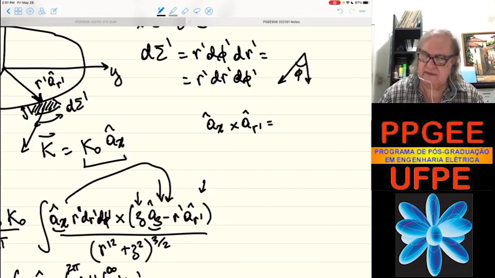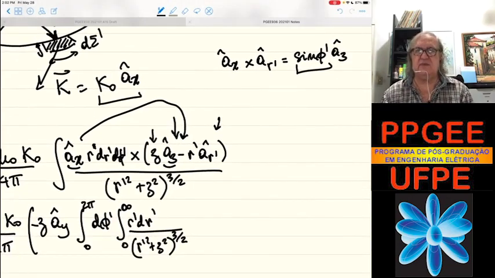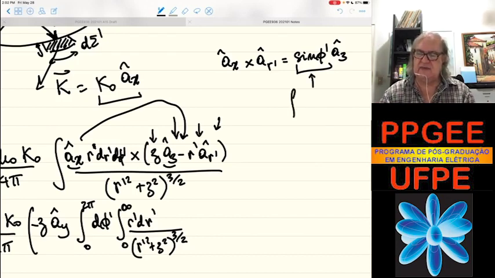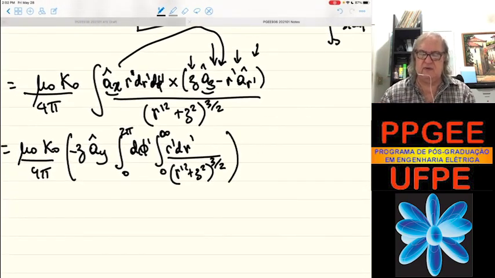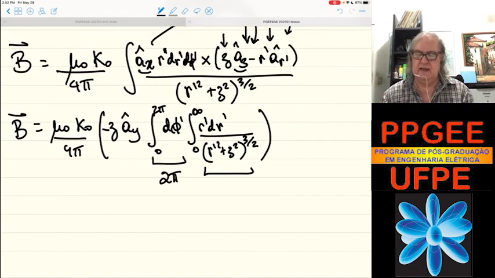They have an angle phi, so it's going to be sine of phi times the vector orthogonal to both, which is a_z. So you have an integral involving sine phi, which gives a 0 result, because it involves the integral of sine from 0 to 2 pi, which is 0. So that's all we have. It's only this term. This doesn't depend on phi, so we have a 2 pi here. And this integral is very easy to calculate.